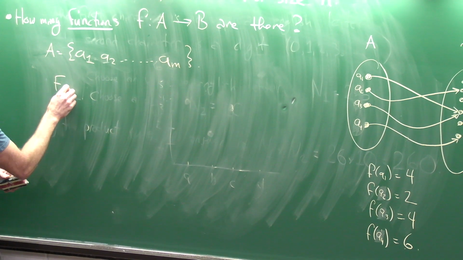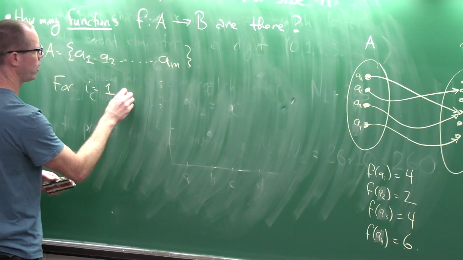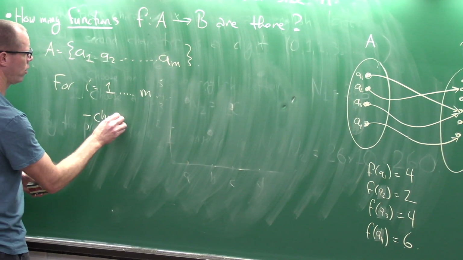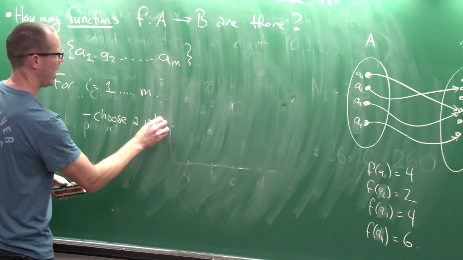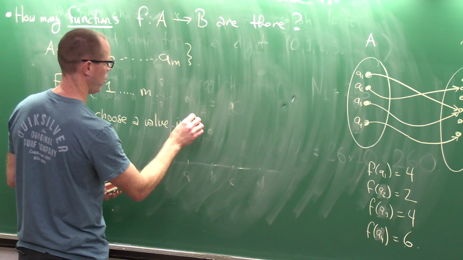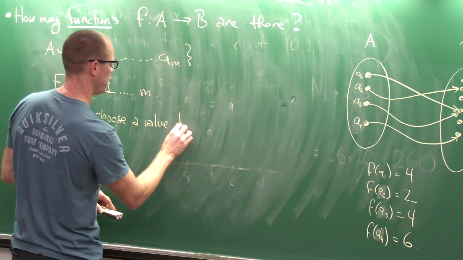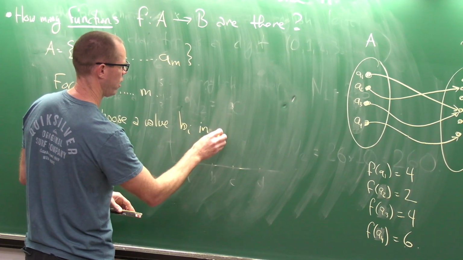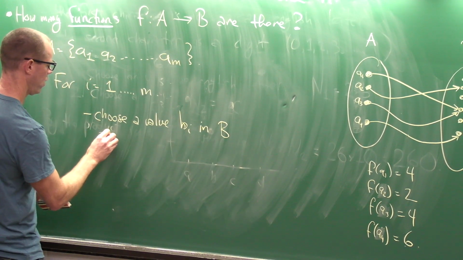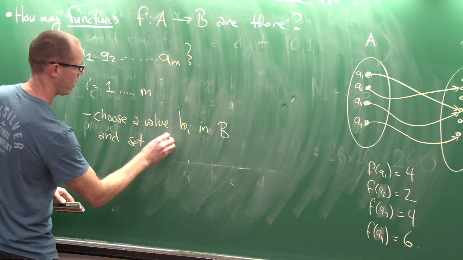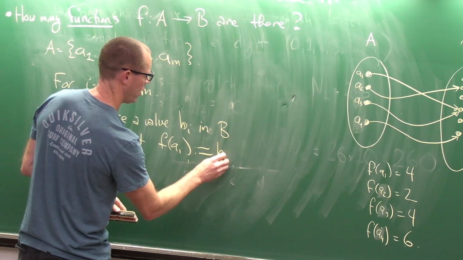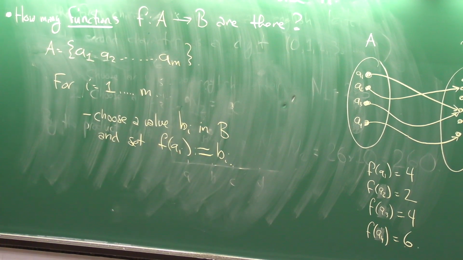And here's the procedure: for i equals 1 to M, choose a value, let's call it value Bi, in B, and set f of Ai equal to that value you just chose.